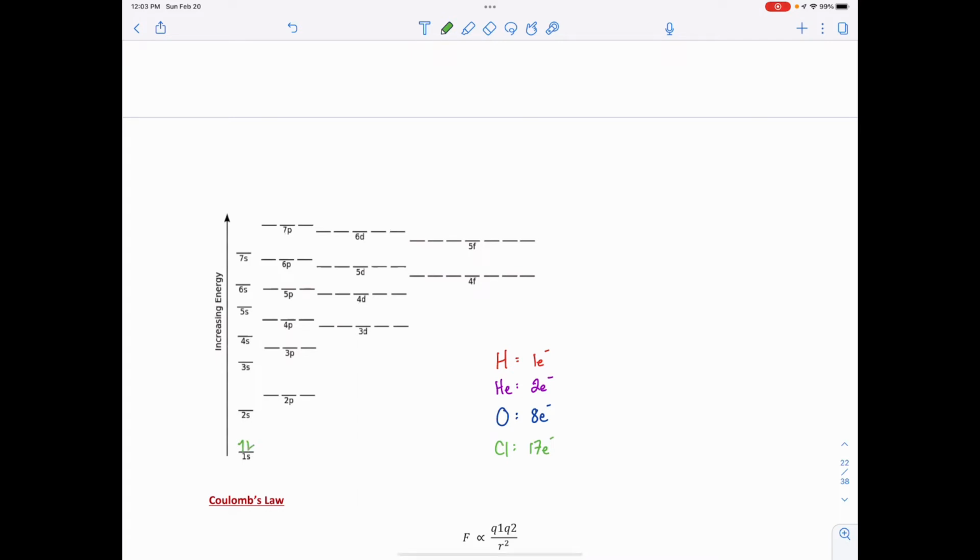So 1, 2, 3, 4, 5, 6, 7, 8, 9, 10, 11, 12, 13, 14, 15, 16, 17. This energy diagram would be specific and unique to chlorine. Every atom has its own energy diagram and its own way those electrons are filled in these orbitals.